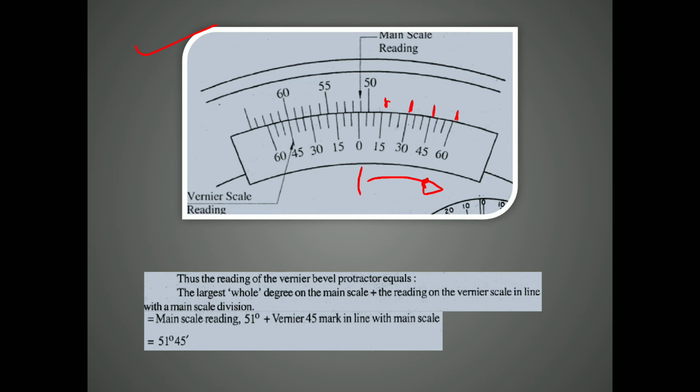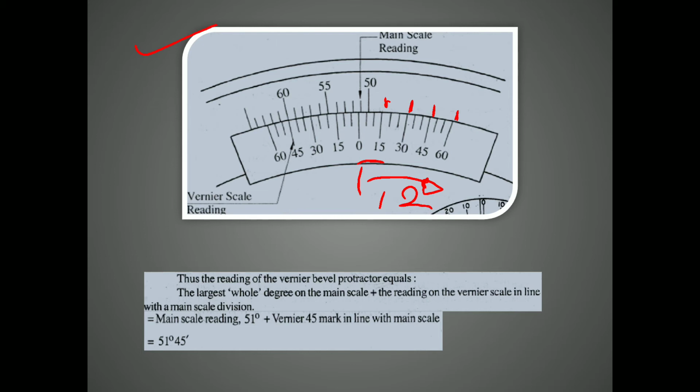That means each division carries a 15 reading in 3 lines. So the total from 0 to 60, that is 12 lines, is divided with a 15-degree difference.